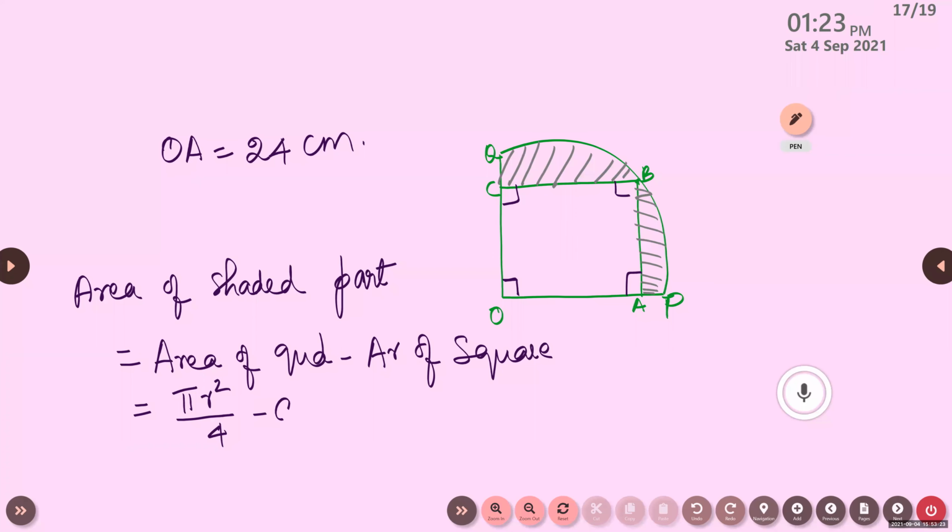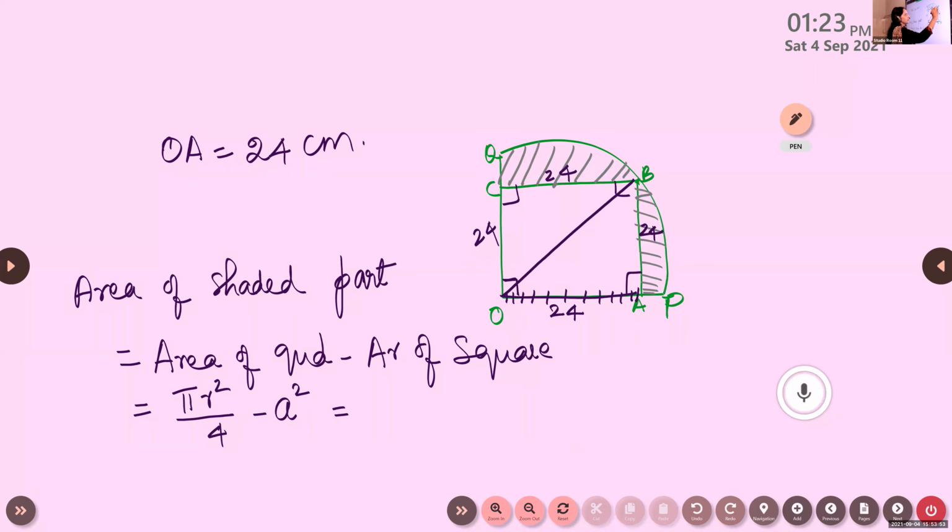Now look here. Radius, is it given? Read the question. What is given? Side of the square. Only up to this length is given as 24. Radius is not given. How will you find the radius? Diagonal. Very good.